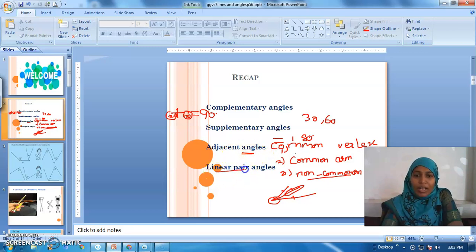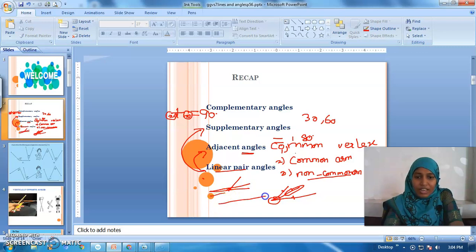What about linear pair angles? Linear pair angles are adjacent angles. It means they should satisfy the condition of adjacent angles and also satisfy the condition of supplementary angles. It should be adjacent and it should also be supplementary. If I add them, it should be 180 degrees. It means linear pair angles lie with the same vertex, and you will have a straight line.